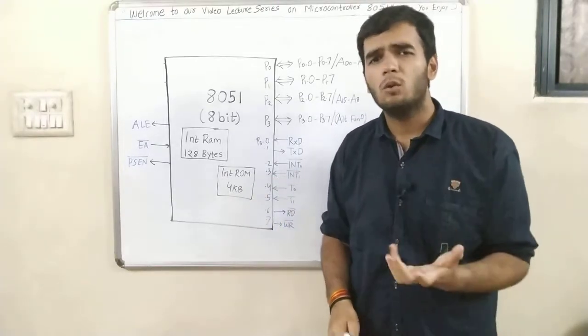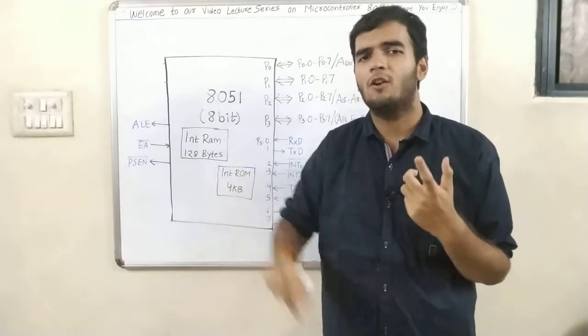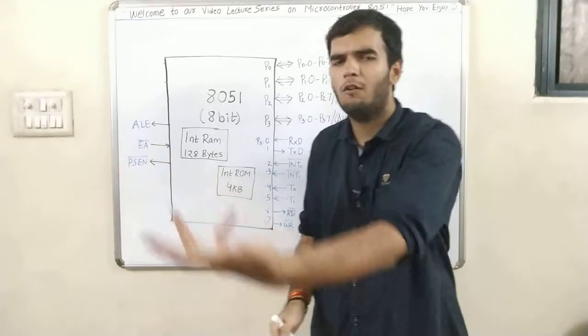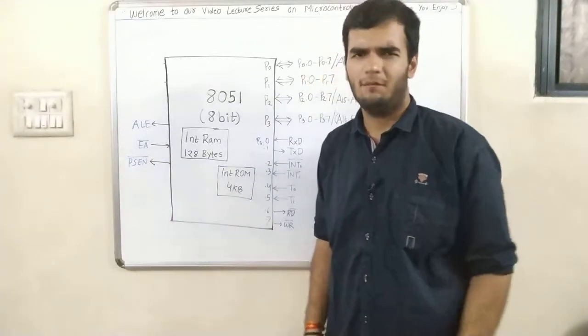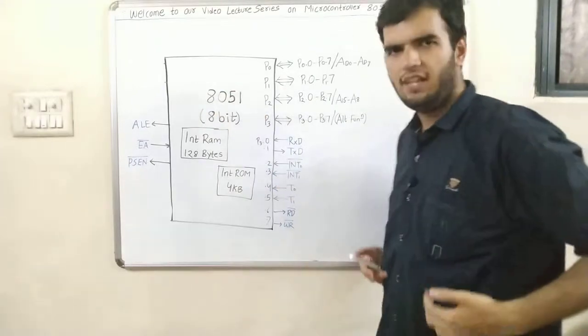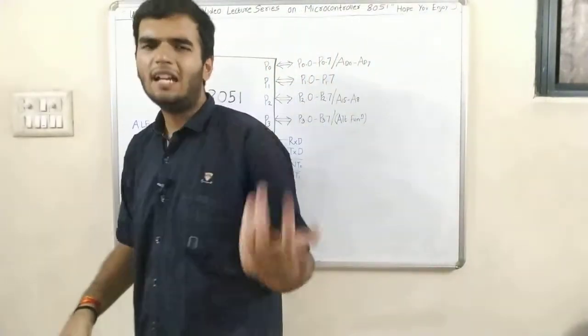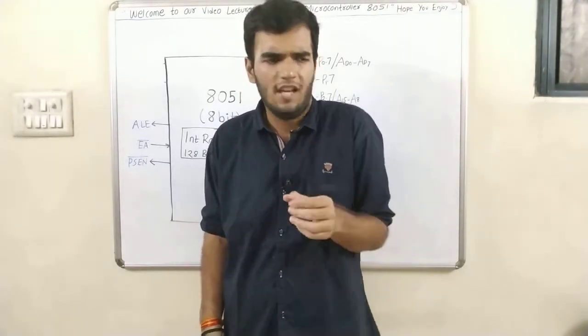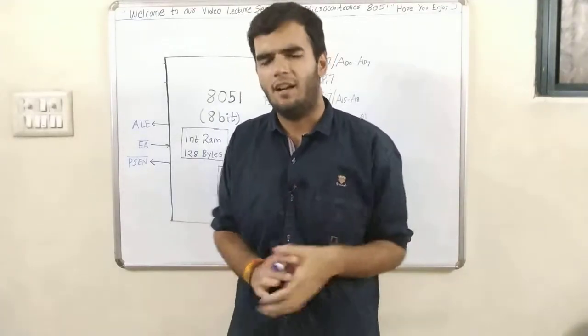To conclude, first the address is given out and then the data, because unless you know the address of something, you cannot send to it. First we want to know the address. Then we send the data. So the address goes first and then goes the data.